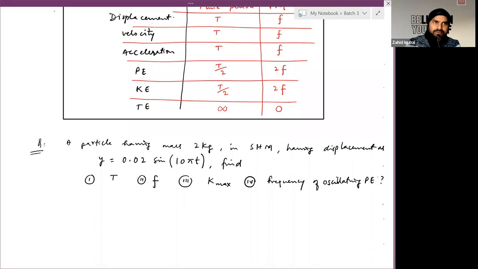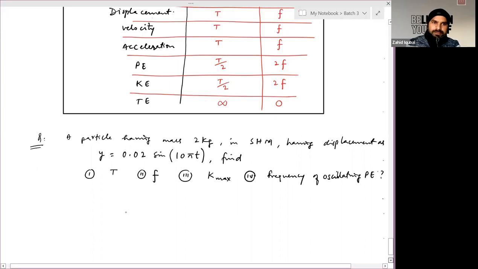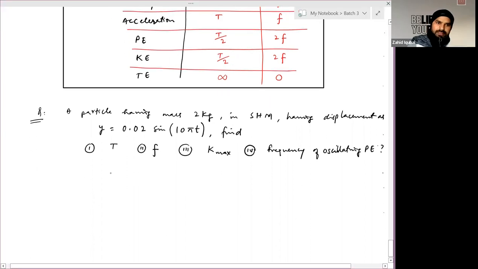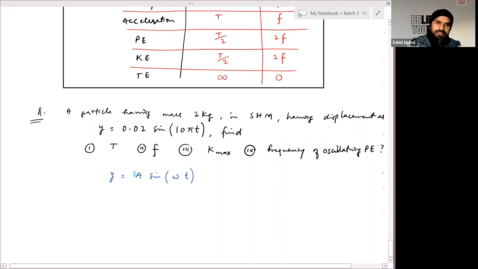Let me show you how to solve it. First, for the general expression of displacement, just compare y equals a times sine omega t with these two expressions. You'll get a, the coefficient of sine, equal to 0.02 meter. Similarly, the coefficient of time is omega, equal to 10 pi.